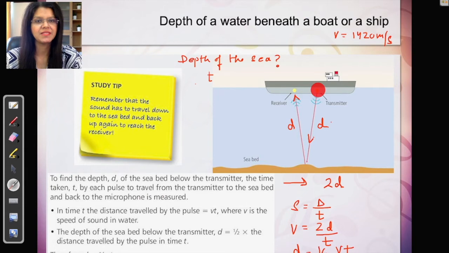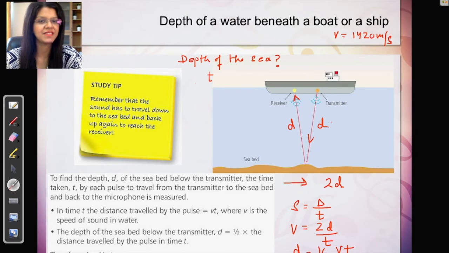So the sound is going from the transmitter to the seabed and back to the microphone, which is the receiver. In time T, the distance traveled by the pulse is VT, where V is the speed of the sound in the water. So the depth of the seabed below the transmitter, D, will be half times the distance traveled by the pulse in time T, which is half VT.